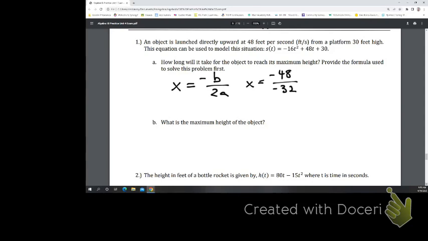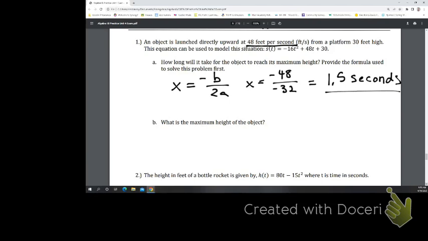Go ahead and divide that. We get 1.5. And this is time, right? So this is 1.5 seconds. It's answering the question, how long will it take to reach its maximum height? 1.5 seconds. I know it's seconds because this says feet per second.